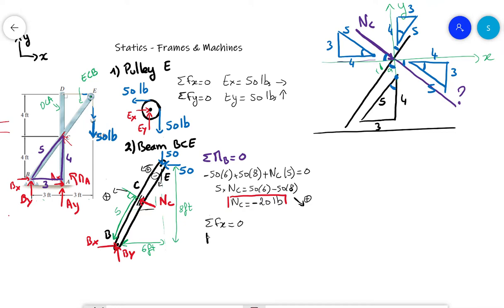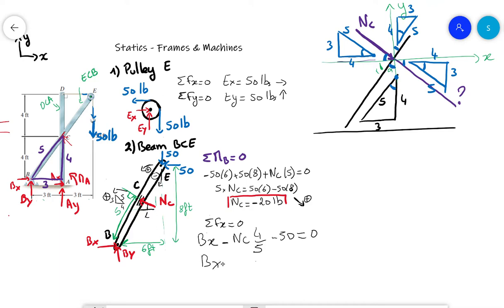So we have Bx. For NC, this is minus because it's going down, and this minus side is the side that is parallel to the 4. If I draw it there, that's the 3, 4, 5 triangle. So that's minus NC times 4 divided by 5, and the 50 is minus 50, equal to 0.